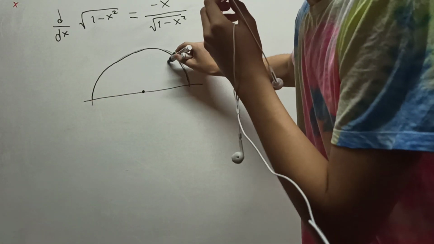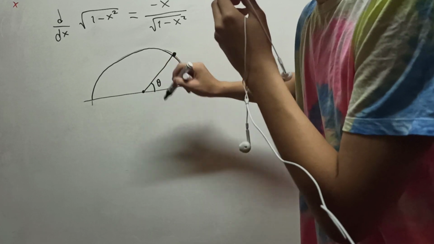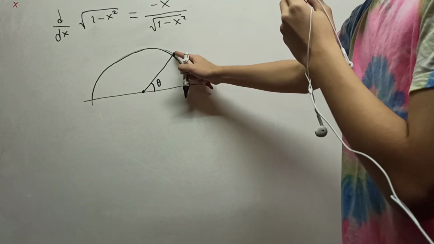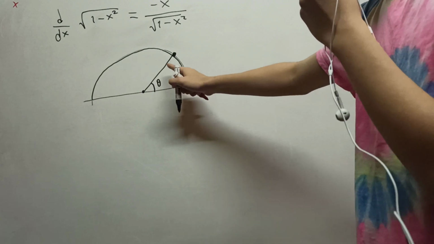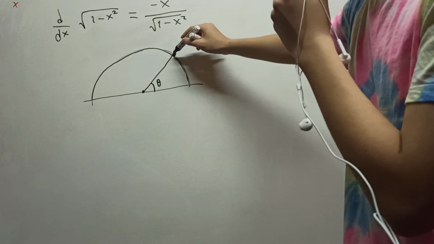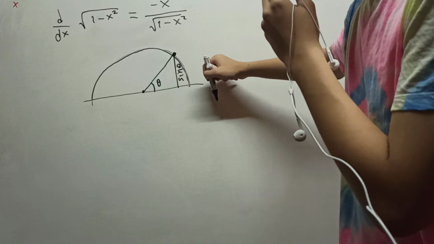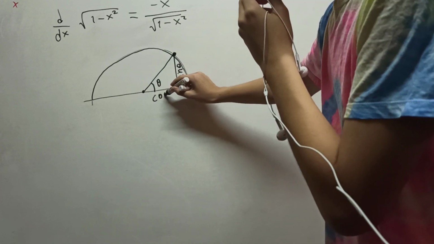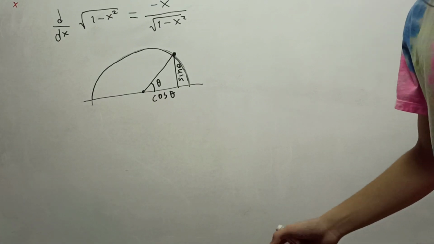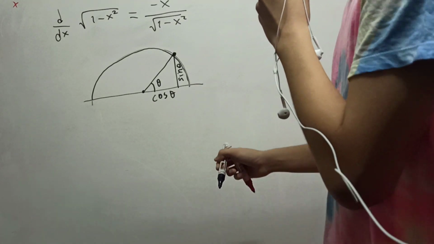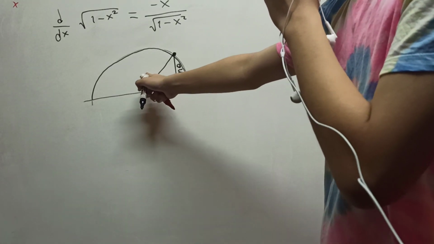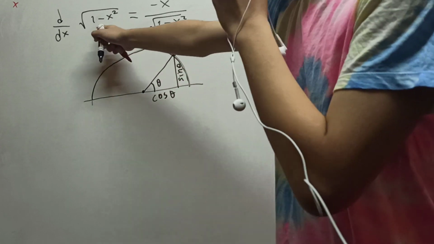So let's say here, and let's call this theta. This would be sine, so that's sine theta, and this would be cosine theta, as usual. This length is 1, obviously, because it's a unit circle.